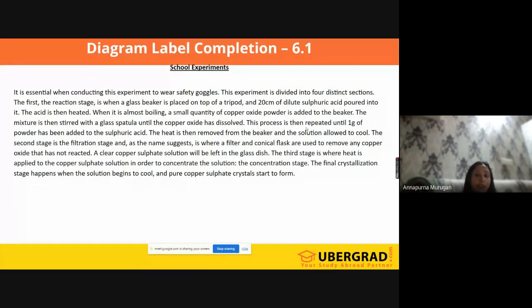This process is then repeated until 1 gram of powder has been added to the sulfuric acid. The heat is then removed from the beaker and the solution is allowed to cool. The second stage is the filtration stage, and as the name suggests, is where a filter and conical flask are used to remove any copper oxide that has not reacted.